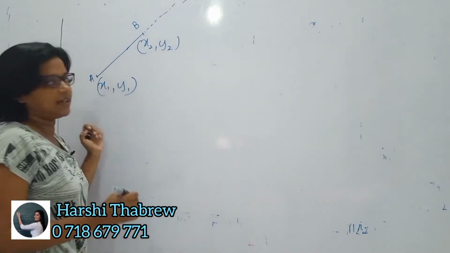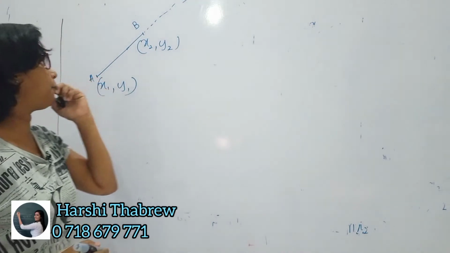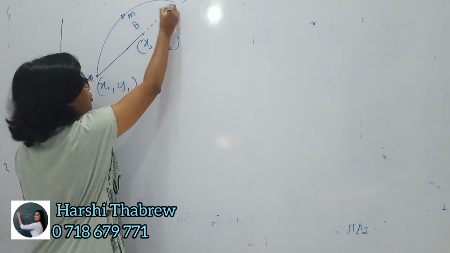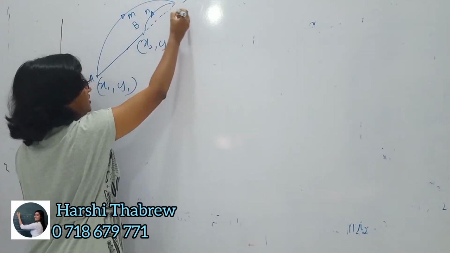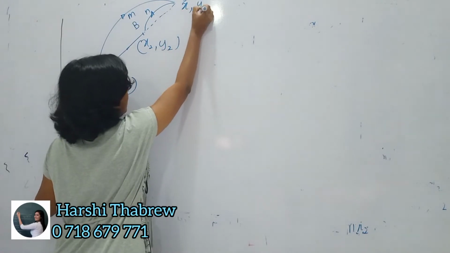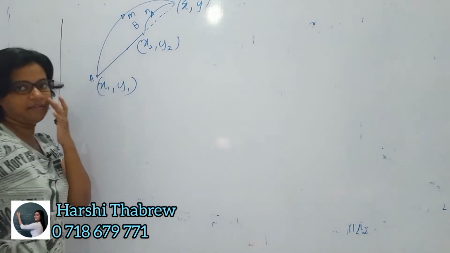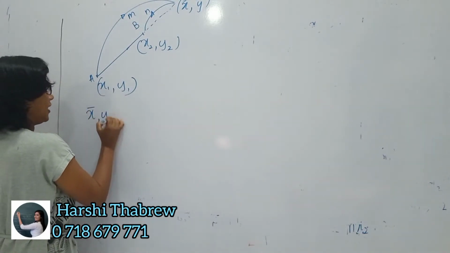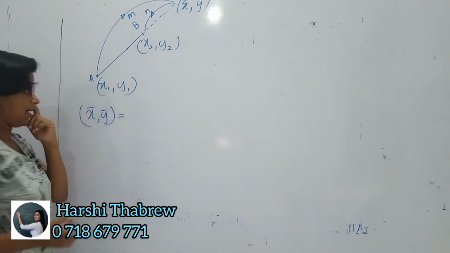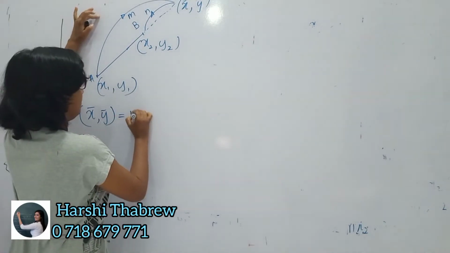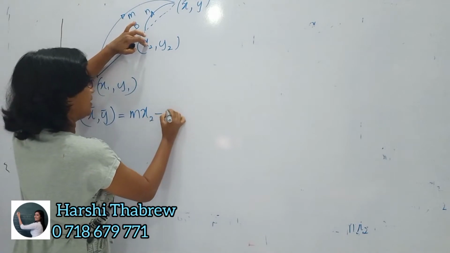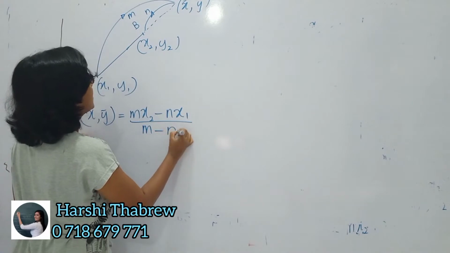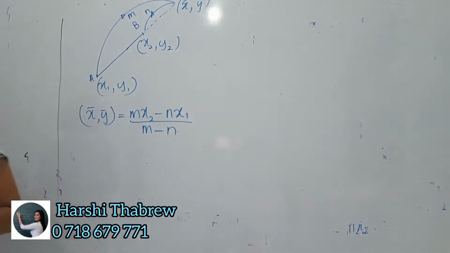The straight line is divided by an external point in the ratio m to n. If this point is (x bar, y bar), we found that x bar equals mx2 minus nx1 over m minus n.